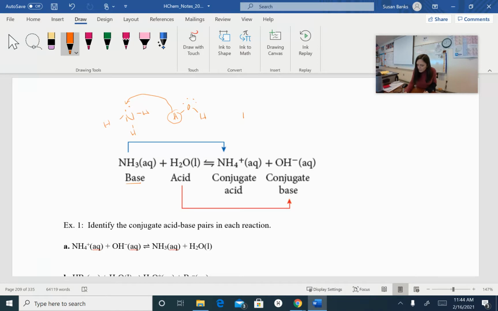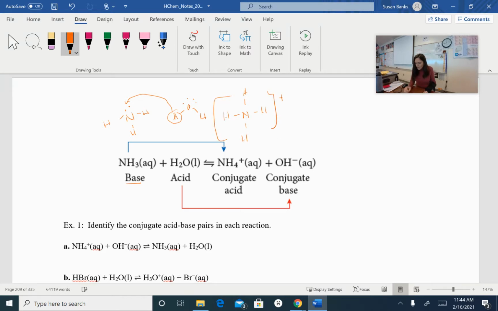So I will make the ammonium ion, and I will be left with the hydroxide ion. Okay, so notice that the ammonia on that lone pair accepted the hydrogen, or the proton, from the water.